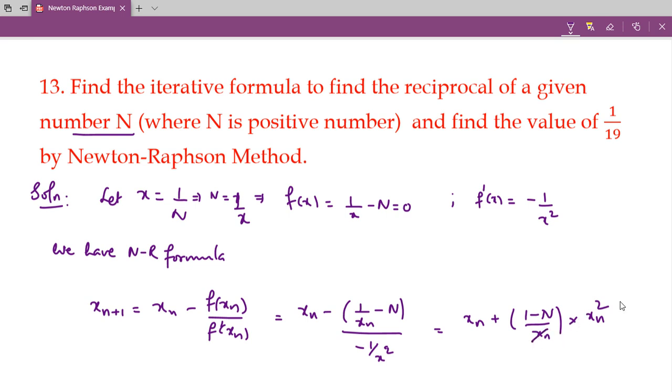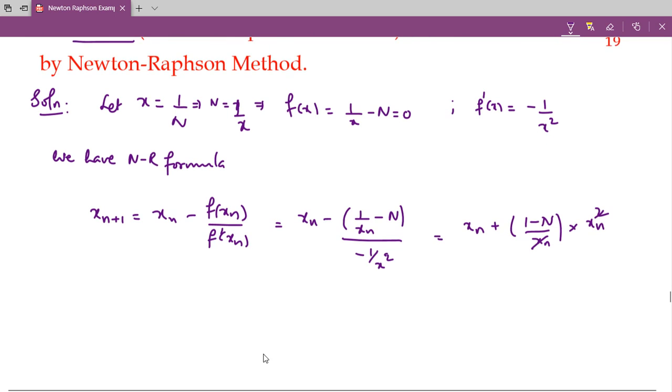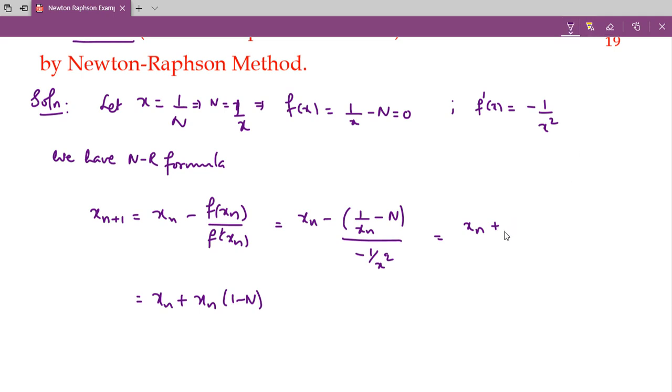So one xn goes, and what remains is xn plus xn into 1 minus n xn.